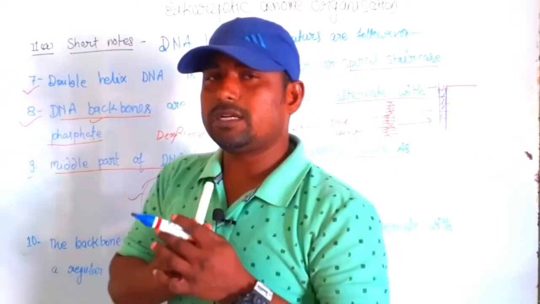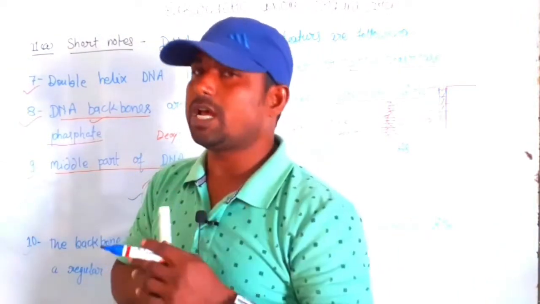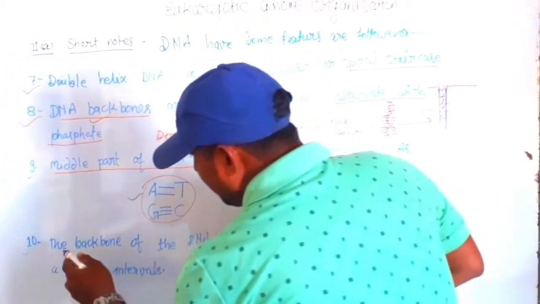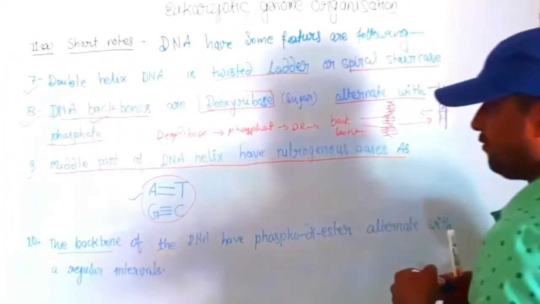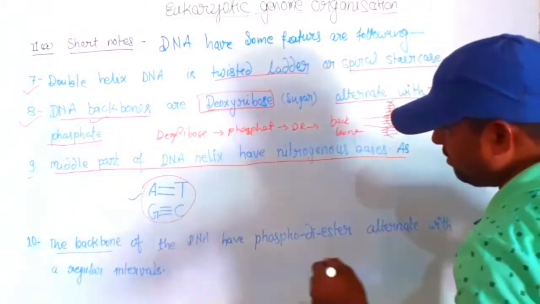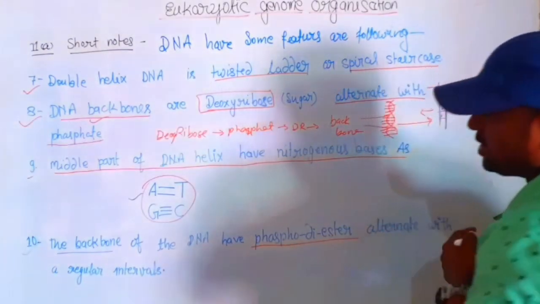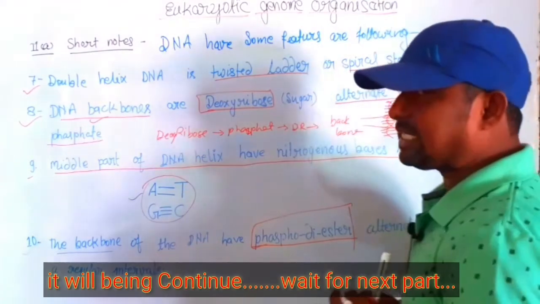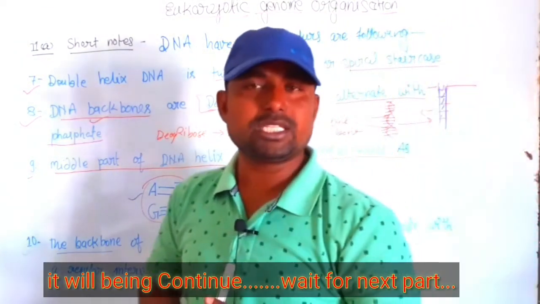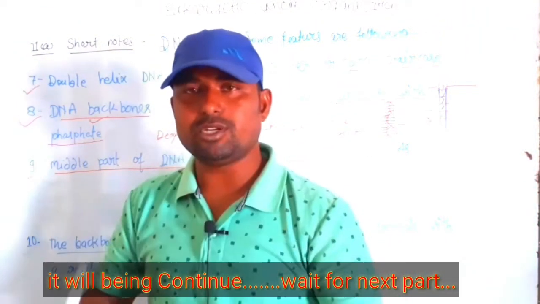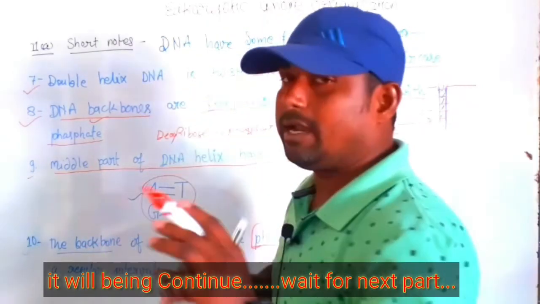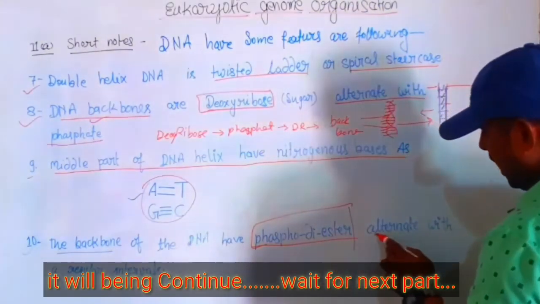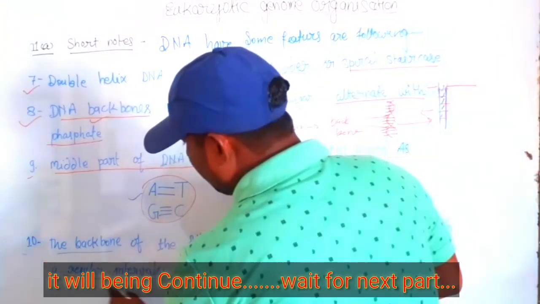Next, and this is the short note, last point: the backbone of the DNA has phosphodiester linkages. If you want to understand what phosphodiester is, you can see my earlier videos in my playlist. They alternate with regular intervals.